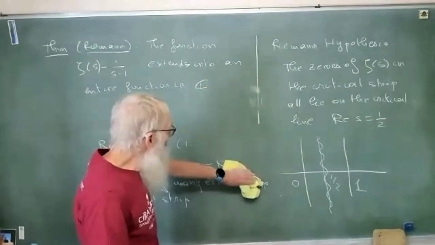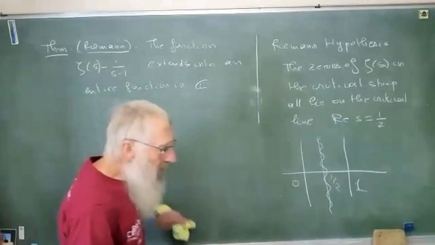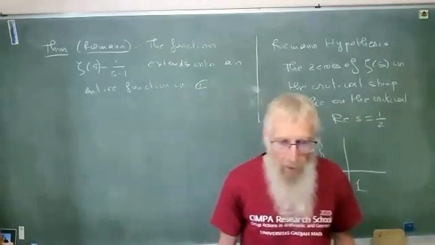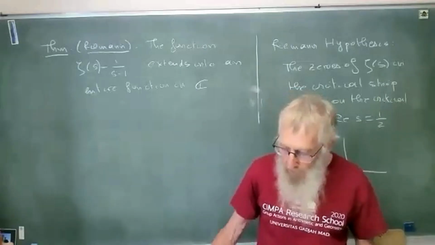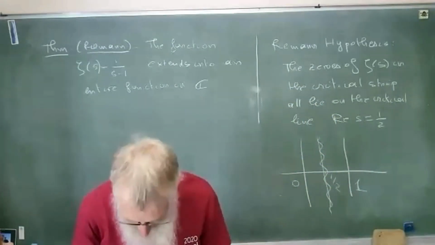And for that, again, there are several proofs. In this theory, most results have several proofs. Even the prime number theorem has proofs using the Riemann zeta function and proofs which do not use complex function theory.